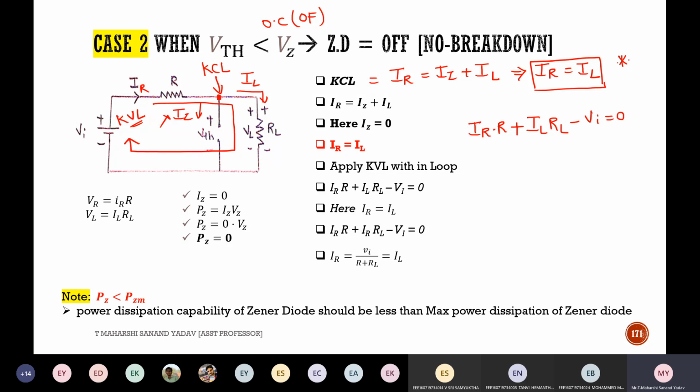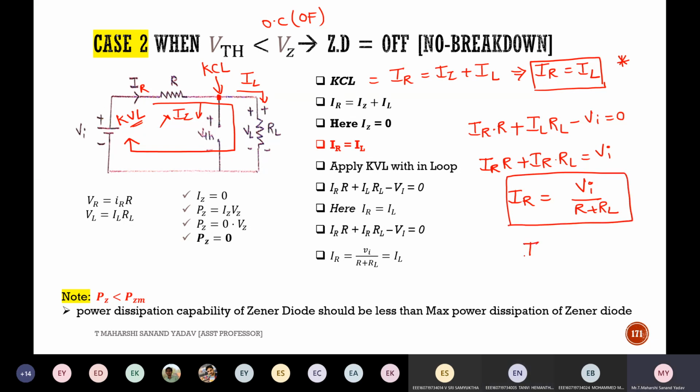And this is important: IR is equivalent to IL. So IL into R plus IL into RL is equal to VI. If I want IR, this is VI by (R plus RL).